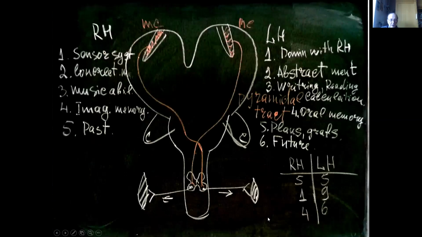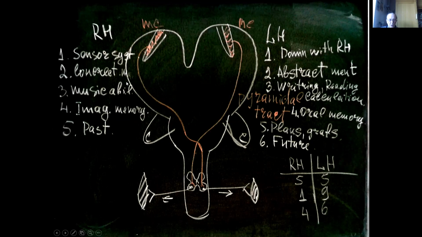And this is the picture which presents the different role of the two hemispheres, the planning and the voluntary regulation of the movements of the body and all the other functions. Usually we draw our plans in physiology of the brain from the side.